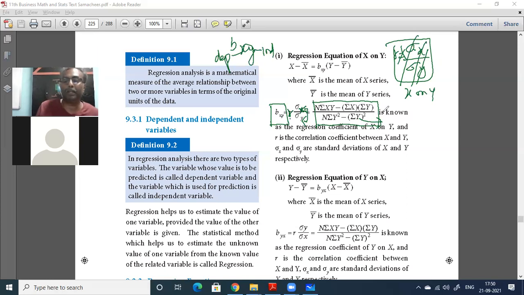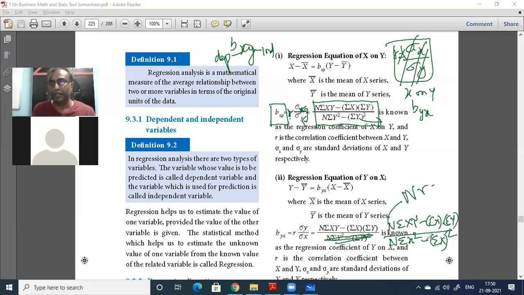Whenever you have the other one, b of yx, you will have the opposite. This thing is wrong. N into sigma x squared minus sigma x the whole squared will be the denominator. The numerator will always be n into sigma xy minus sigma x into sigma y; the numerator will always be the same and the denominator will always change.